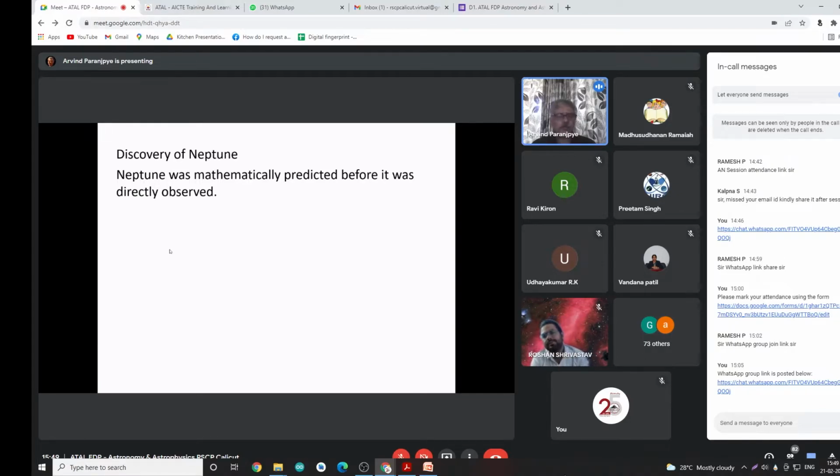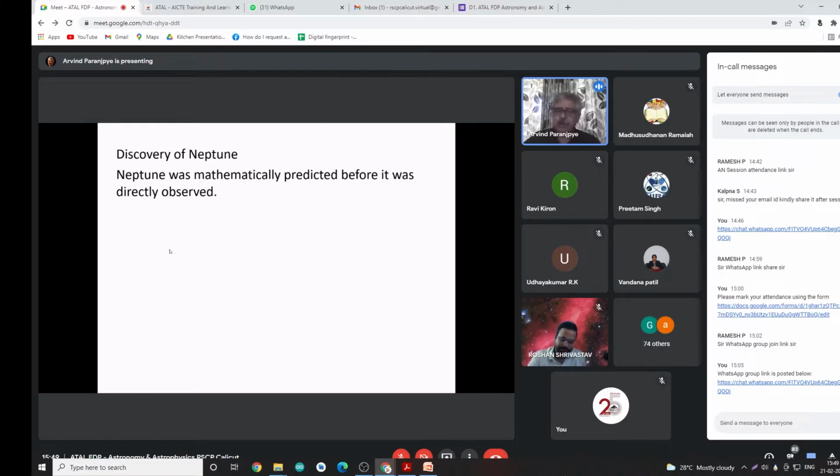Then two astronomers had this idea in their mind, that possibly there is a planet away from Uranus that might be affecting Uranus's orbit.